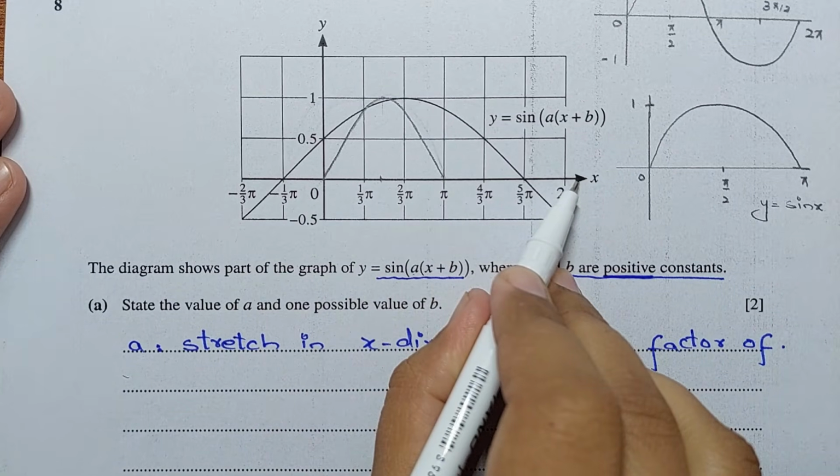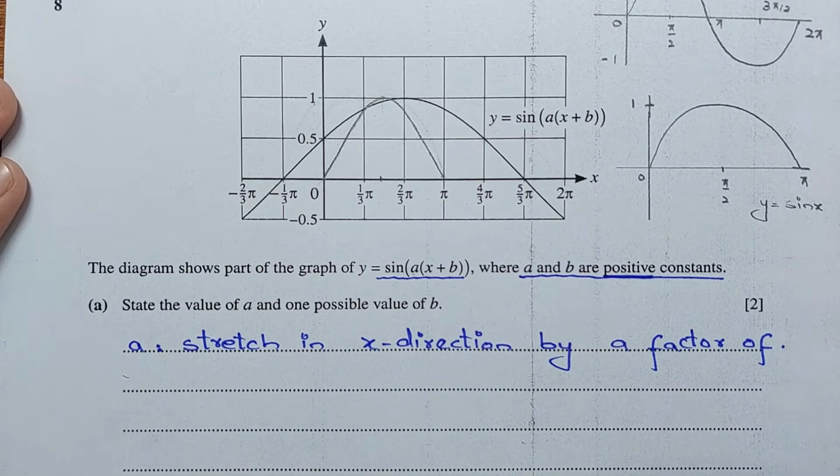Everything extends by a factor, which means we have a stretch in x direction by a factor of 2, but we need to write down the a value, the reciprocal of 2, which is 1 by 2. As I told you, for x transformations, whether it is a stretch or a translation, we do the opposite, right? Multiplication's opposite is division, addition's opposite is subtraction, right?